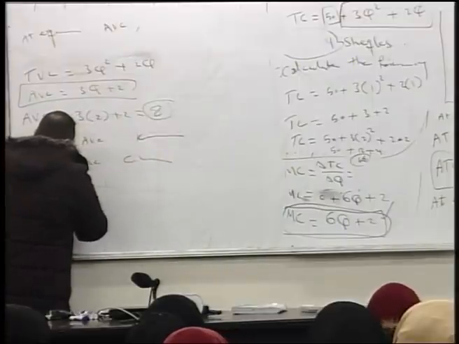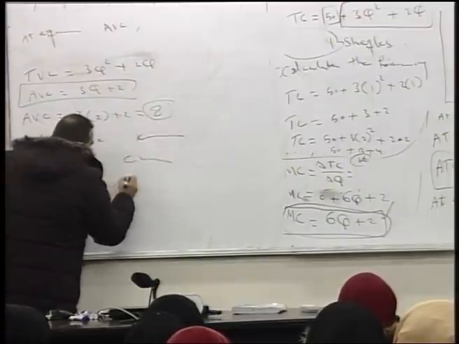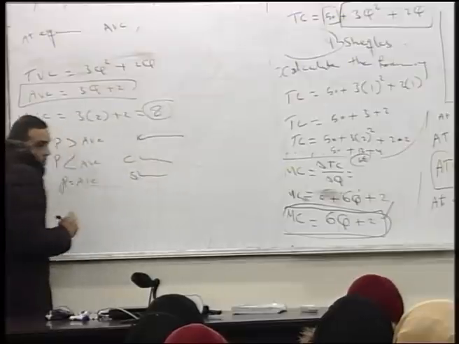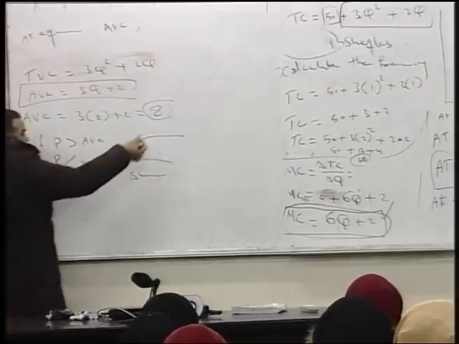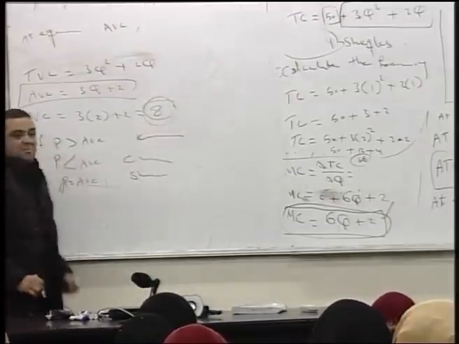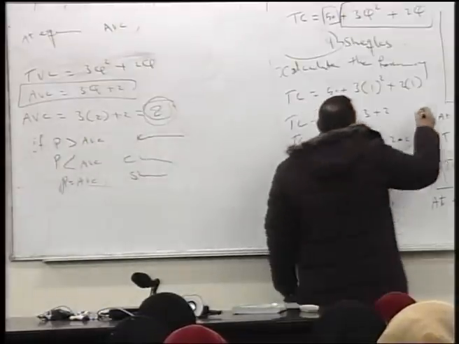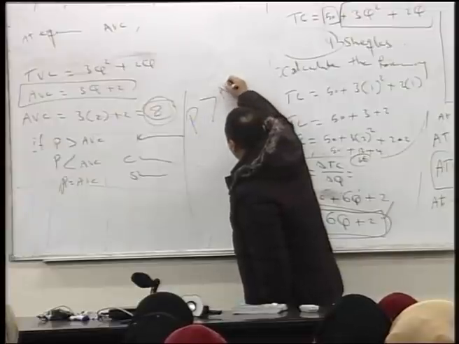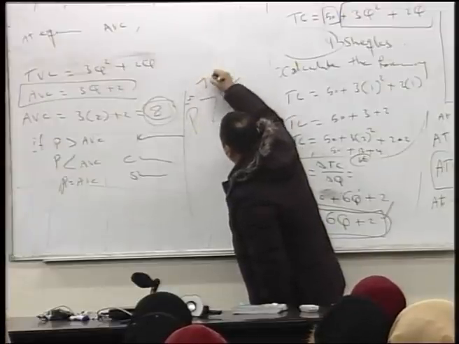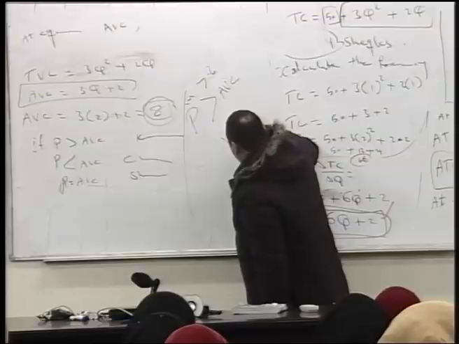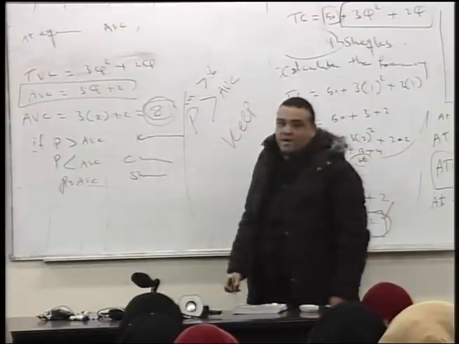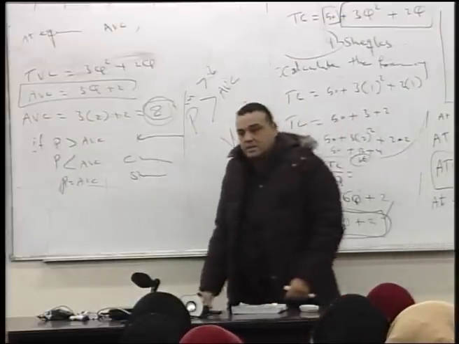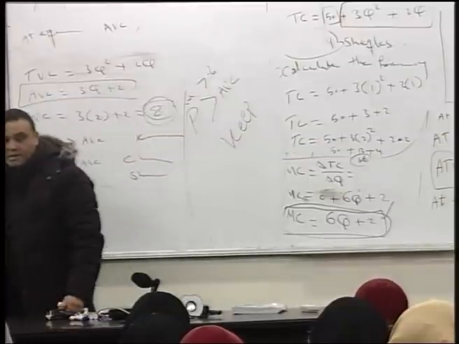If the price equals AVC, we're talking about the shutdown point. Now, how much is AVC? 8. How much is the equilibrium price? 14. So the price is bigger than AVC. 14 is bigger than 8. So keep working, although we have a loss.